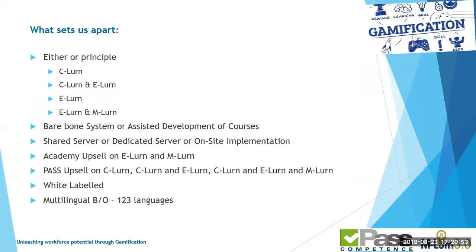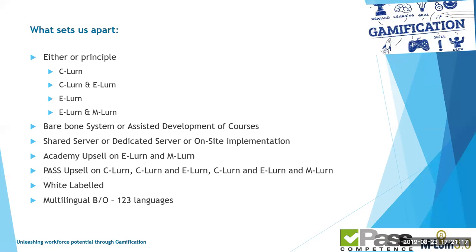So what sets us apart from any other product or company out there? We have an either-or principle. You can either just acquire or sell the eLearn product, or eLearn in combination with another, or eLearn and mLearn, or all three.